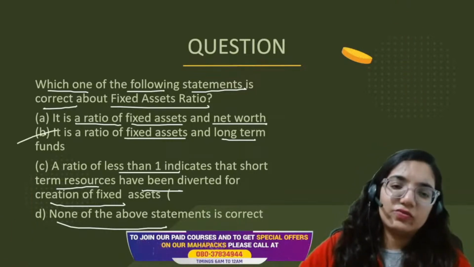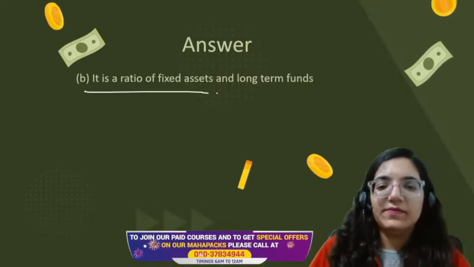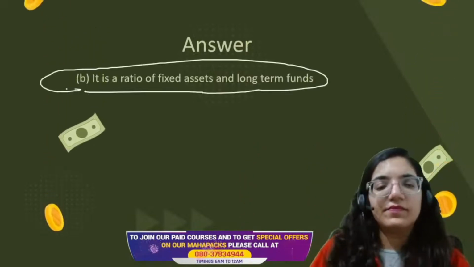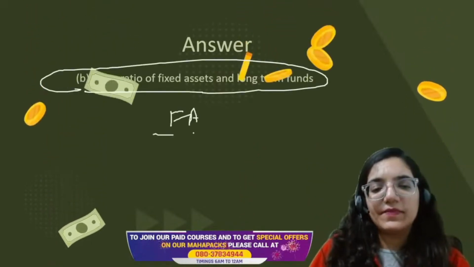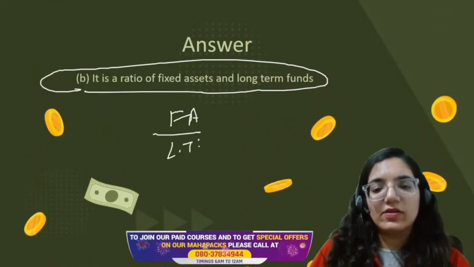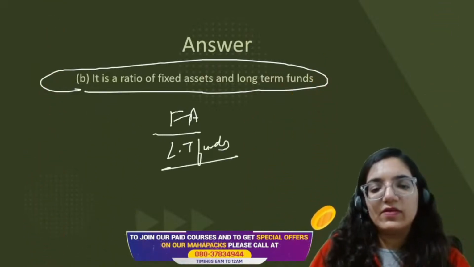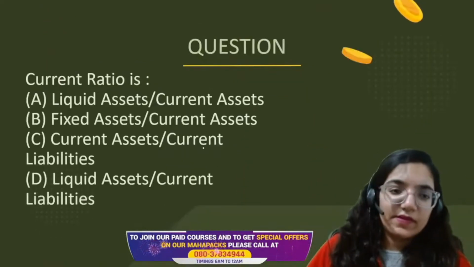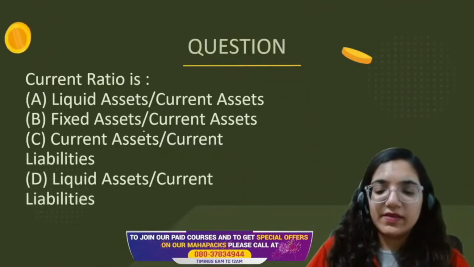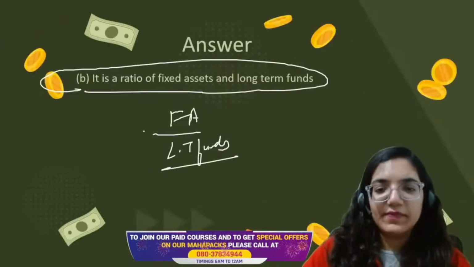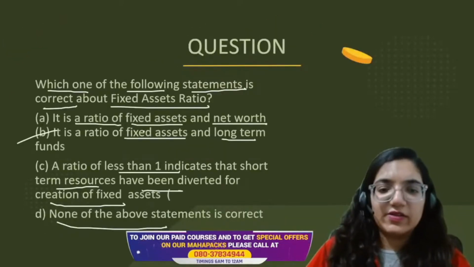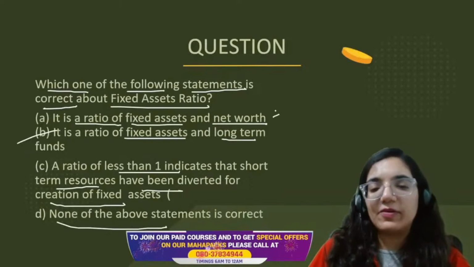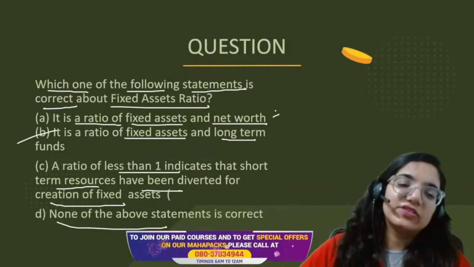Fixed asset ratio is FA upon long-term funds, or I can say the total capital employed. No, this is only for long-term funds. Net worth is basically your equity share capital plus preference share capital plus reserves.